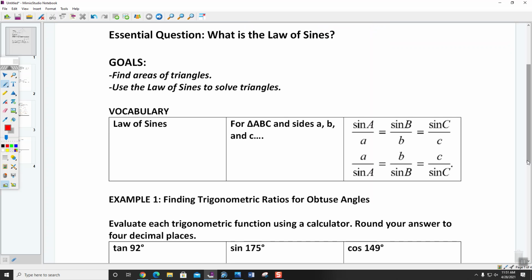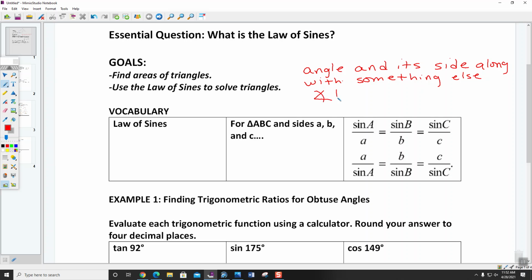Okay. Guys, you can use law of sines if you have an angle and its side along with something else. So kind of let me tell you what I'm talking about. Okay. Let's suppose we have angle B that we knew.